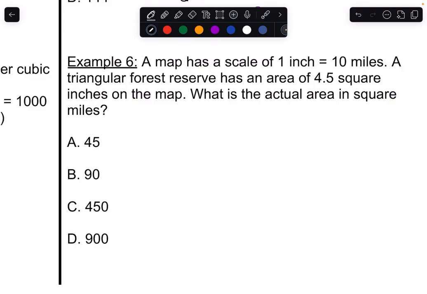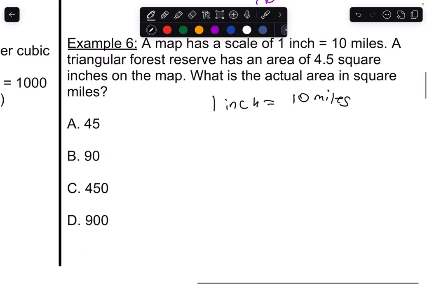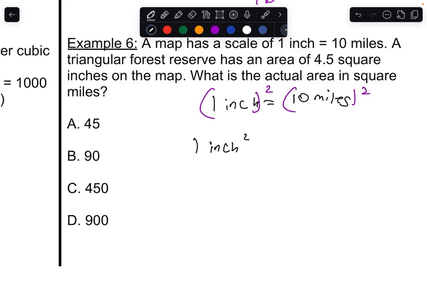Same thing with the map, but now you have a triangle forest reserve. 1 inch is equal to 10 miles. We want to end up in square inches and square miles. So let's go ahead and do that squaring part. So 1 inch squared equals 100 miles squared.